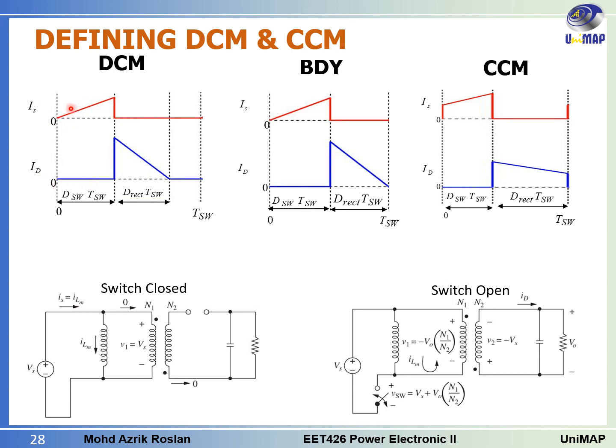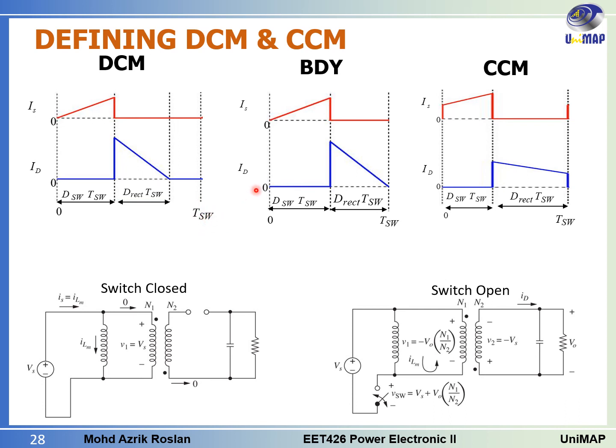Okay, so for DCM you can see that from here 0 to T switch is one whole complete switching period, so the current will increase and then drop to 0, and for the ID it will increase, and then when the switch is off, the value of diode current will reach 0 before the complete switching period.